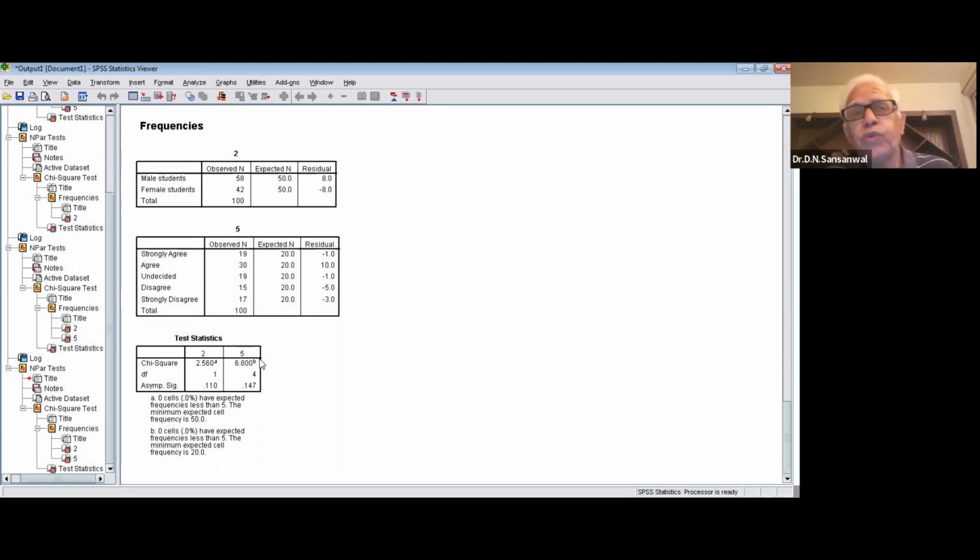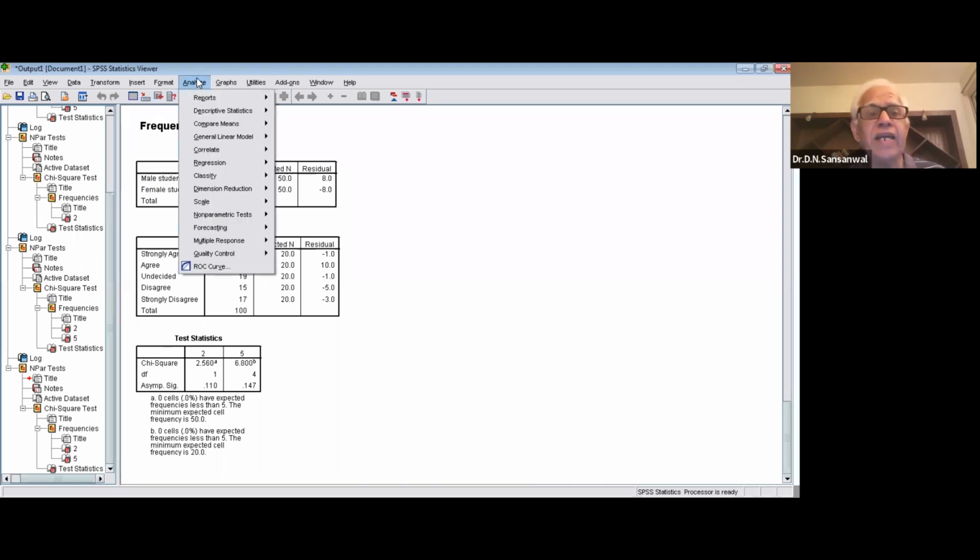Now I want to study the association between gender and reaction. Then I cannot use the chi-square which is given in the non-parametric tests. You see it very carefully. Please note down. I go to the descriptive statistics and then I go to cross tab.